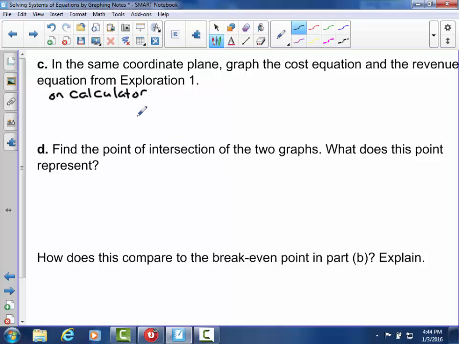Okay, so we graphed the two lines and found the point of intersection, and that point was 10, 750, and this is our break-even point. Okay, and it's the same point.